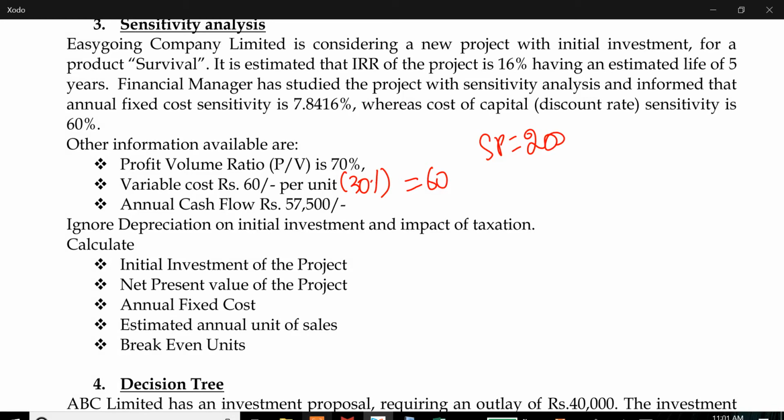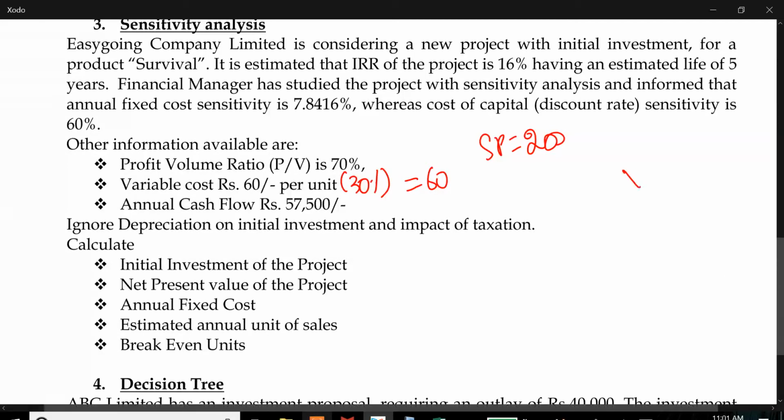Now listen. Any sensitivity percentage will tell you at what level there will be a 0 NPV. My original cost of capital is X. I don't know this rate. Post increase, revised cost is 1.6x.